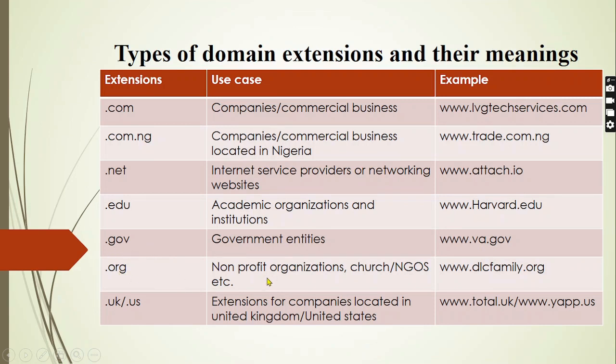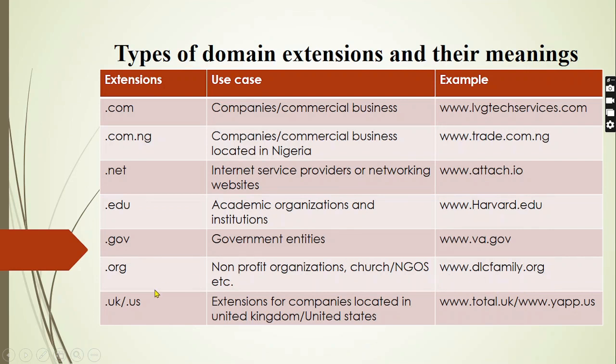.org is for non-profit organizations. If you set up an organization that is not meant for profit, like churches or NGOs, you simply use .org. We have www.dlcfamily.org. This is just an example of a church project I built some time ago, and I've just decided to use it here. It can be any church project actually.